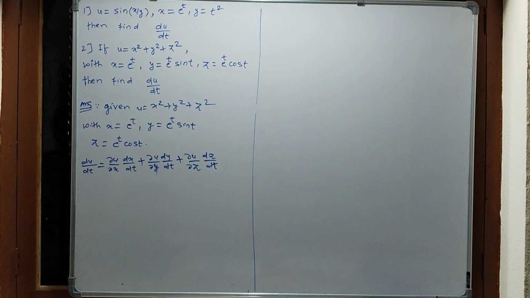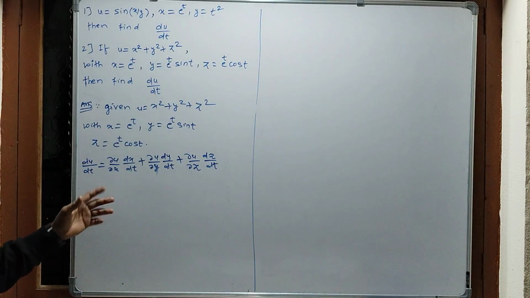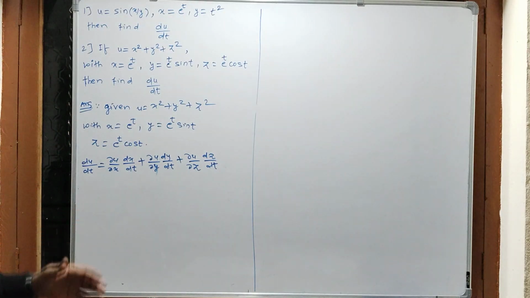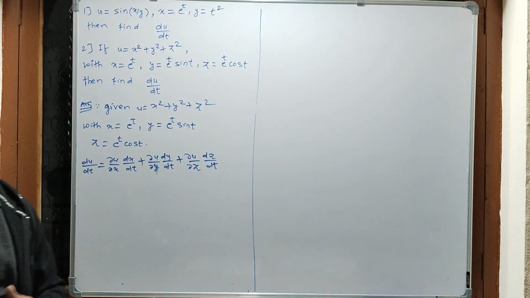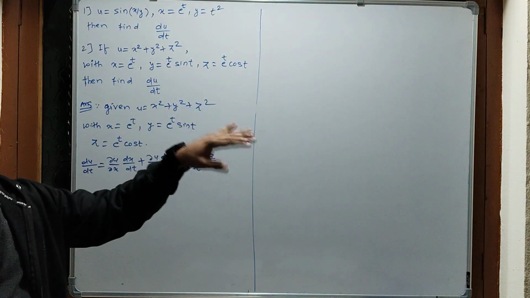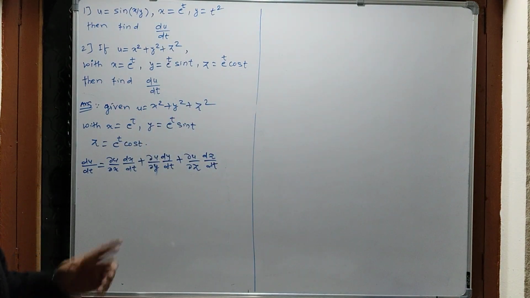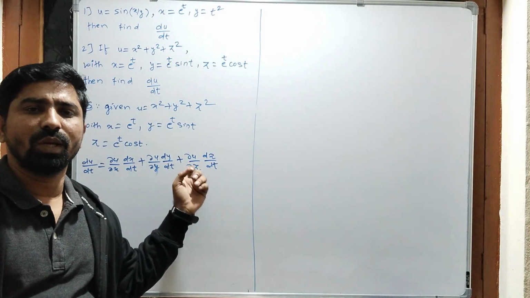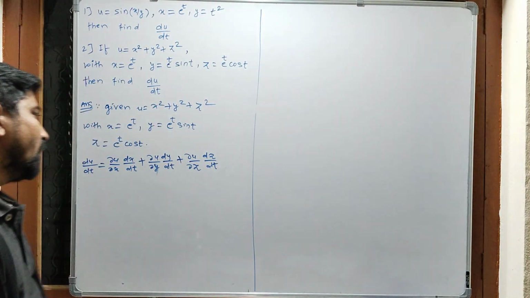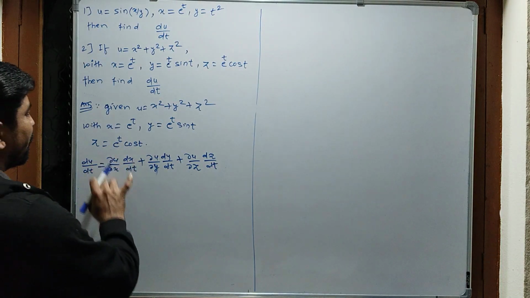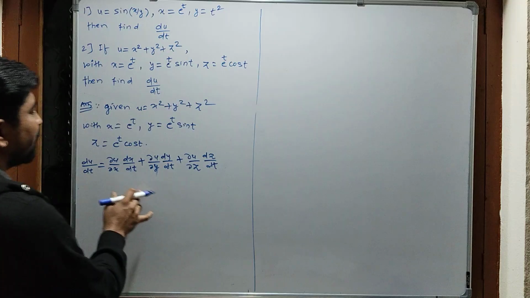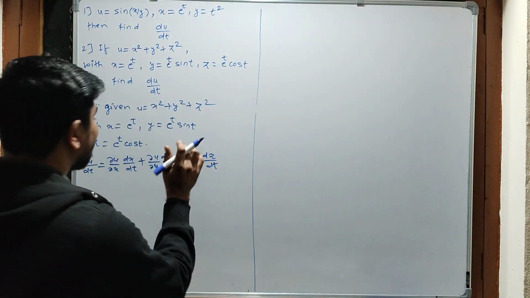So here you have to find the total derivative of u with respect to t through x, through y and through z. Because u is a function of three variables x, y, z, and x is a function of t, y is a function of t, and z is a function of t, therefore u is a function of t through x, y and z. For that purpose, first you have to find dou u by dou x, dou u by dou y and dou u by dou z, and then dx by dt, dy by dt and dz by dt.